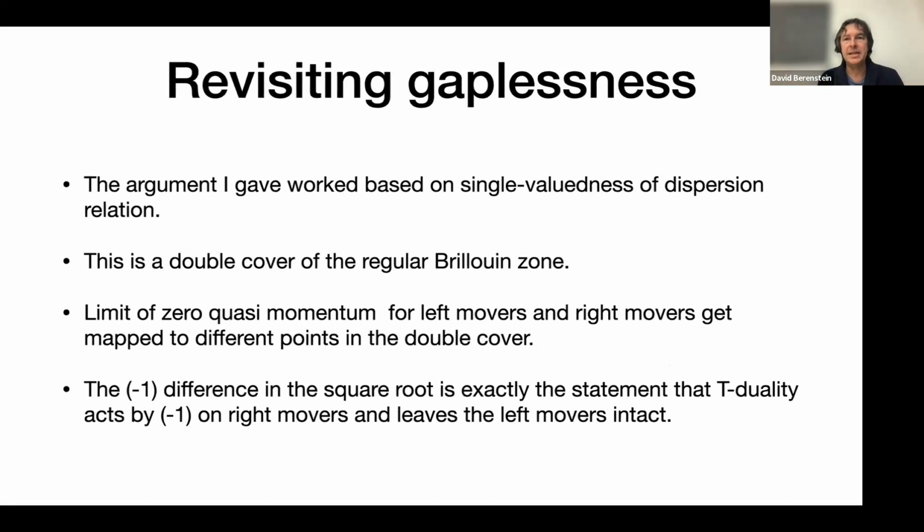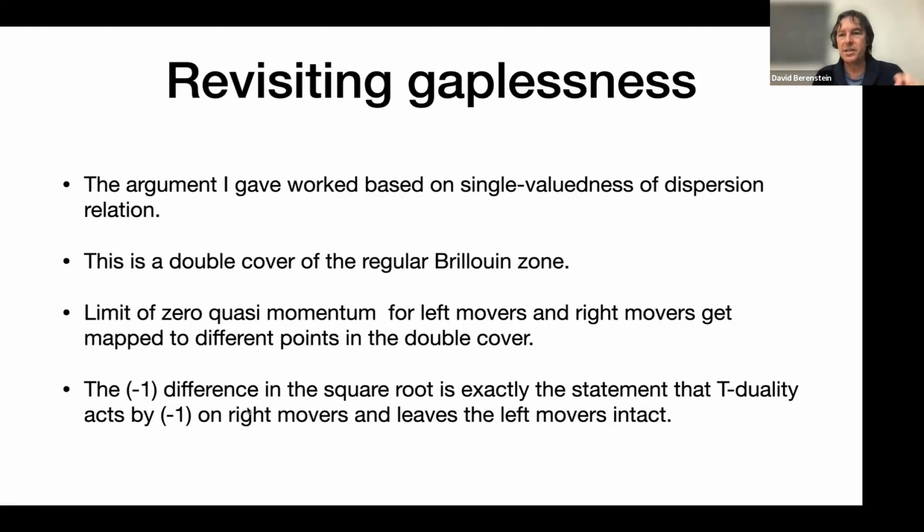Okay. So now let's go back to this gaplessness. The argument I gave before worked based on single-valuedness of the dispersion relation. And then from the point of view of translation in the lattice of the X's and P's, what I had originally as my K space was a double cover of the regular Brillouin zone. The limit of zero quasi-momentum for left movers and right movers get mapped to different points on the double cover.